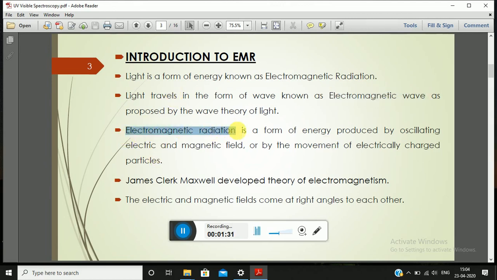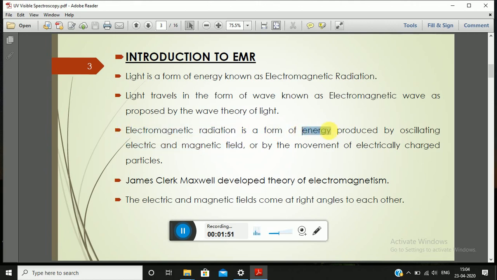Now this electromagnetic radiation is a form of energy. It is associated with energy, and it is mainly produced by an oscillating electric field and magnetic field. So due to oscillation of electric and magnetic fields, electromagnetic radiation is formed.